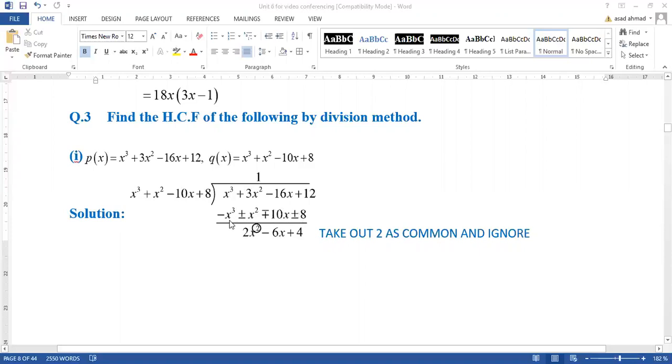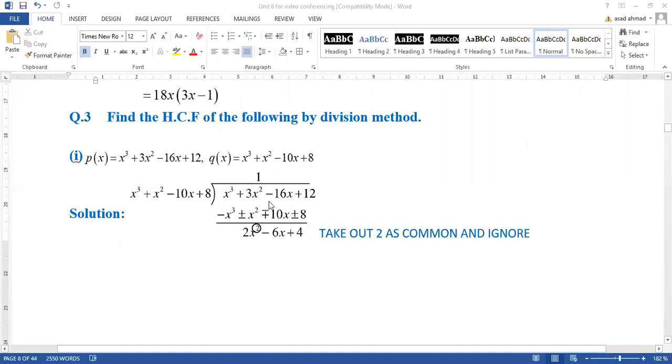But you have to make sure that you write the terms which contain the same power right below, like x to the power 3: when you multiply by 1 and get x to the power 3, it will be written exactly below x to the power 3. Then x to the power 2 will be written below x to the power 2, and similarly the term involving x will be written in one alignment. Similarly, the constants 12 and 8 are written in one alignment.